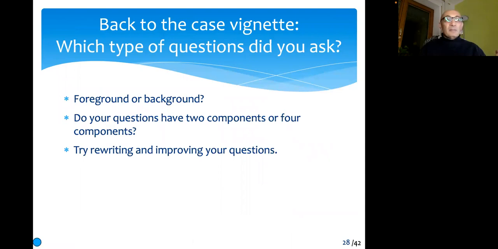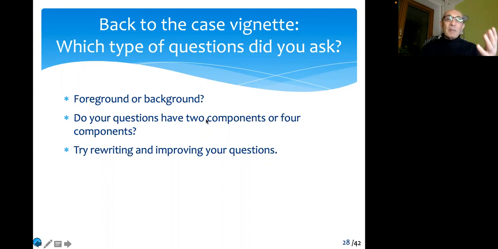Last slide here. Let's go back to the case vignette, the patient with the heart murmur, which had Eisenmenger. What did you ask? Was it a foreground or background question? Probably, if you are a student, it's very normal that you ask background questions.